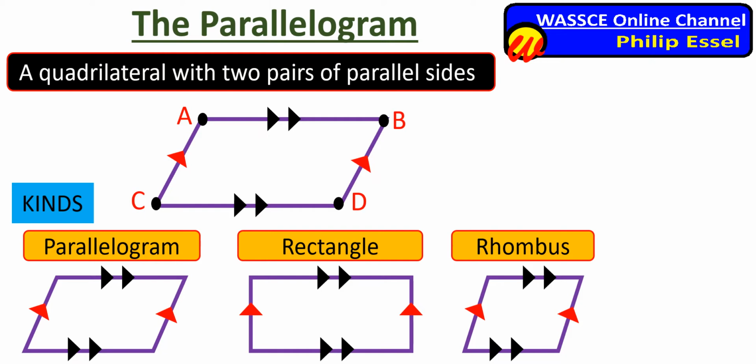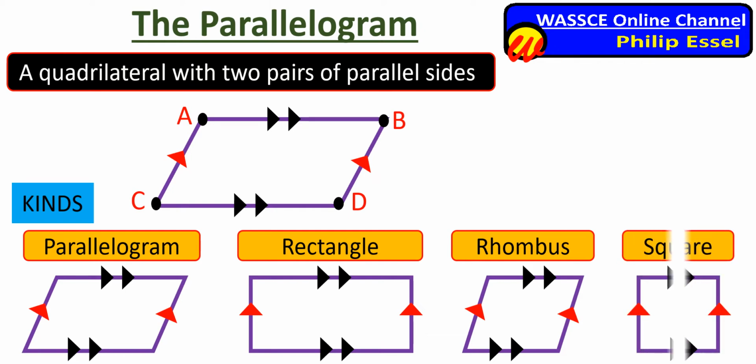The third kind of parallelogram is the rhombus. And here too, a few of us will be surprised. Majority of us, however, will never be surprised by this, because we know that the rhombus is a quadrilateral, and as shown on the screen, it has two pairs of parallel sides. So a rhombus can be considered as a parallelogram. Finally, we have the square.